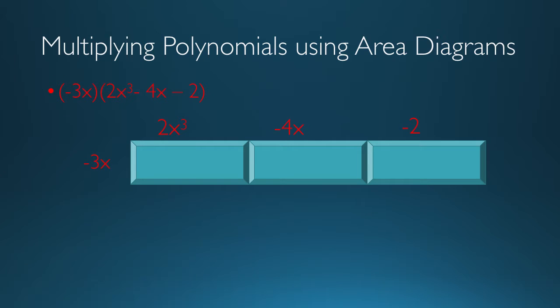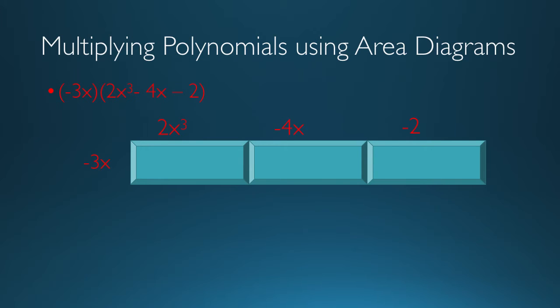Okay, so to review, we started with our initial example where we were demonstrating multiplication of polynomials by using an area diagram. If you're given a problem where negative 3x is being multiplied by 2x to the power of 3 minus 4x minus 2, and you are asked to illustrate that using an area diagram, then because it's a trinomial being multiplied by a monomial, draw your area rectangle with 3 parts to it.